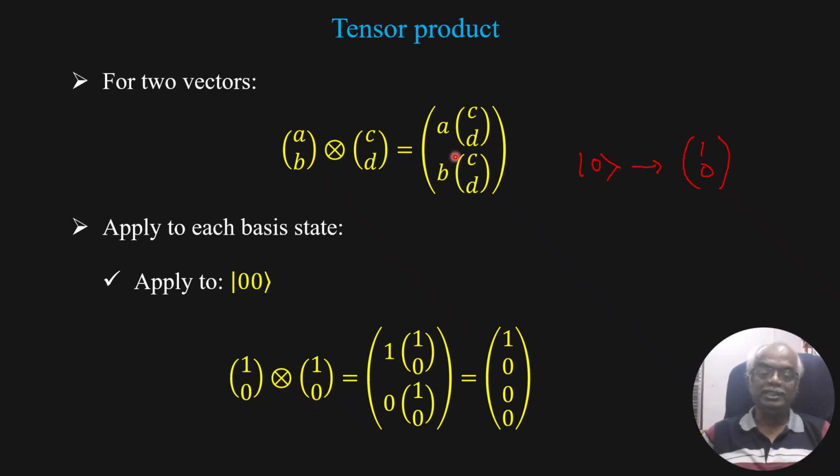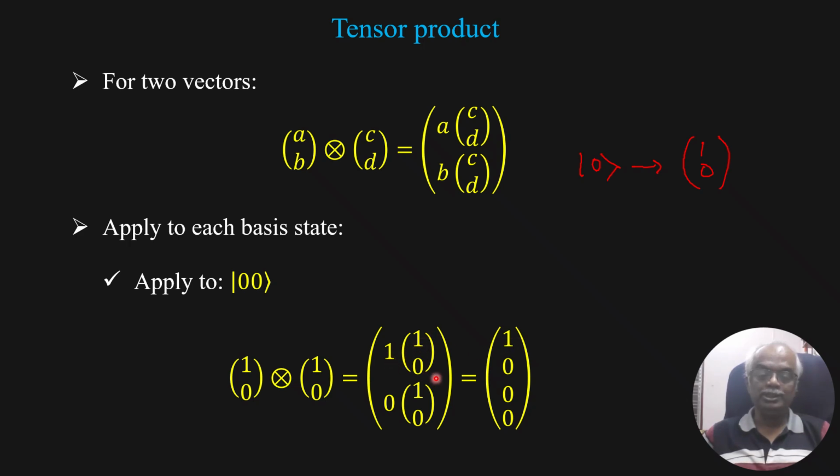Applying this rule, the first entry is 1 and we multiply it with the column vector (1, 0). The second entry is 0, and we multiply it with the same column vector. So the first product gives 1, 0, and then 0, 0.